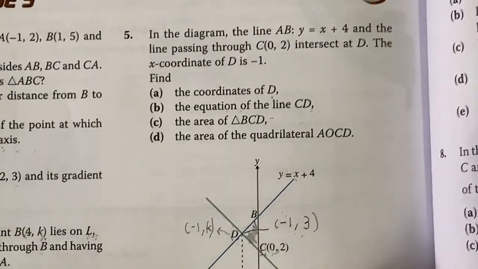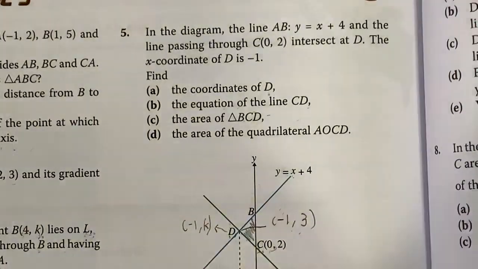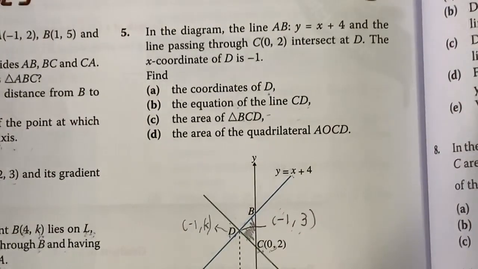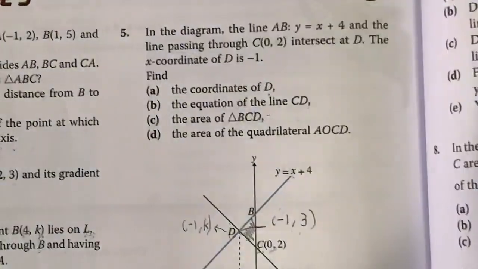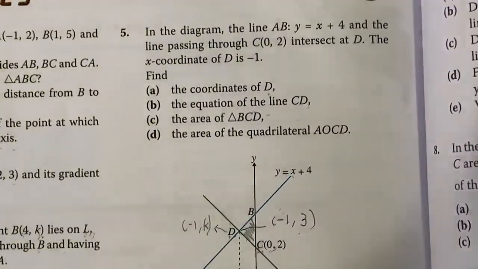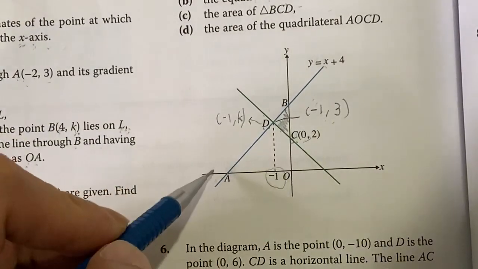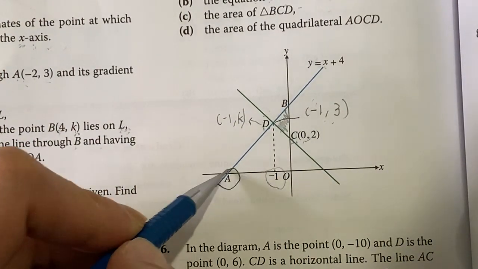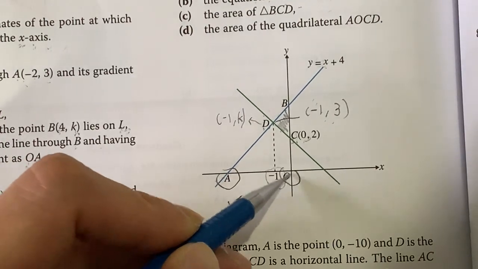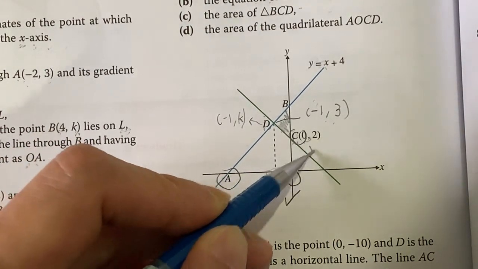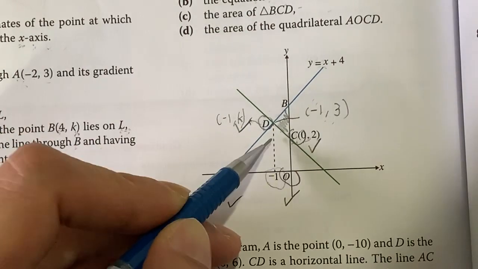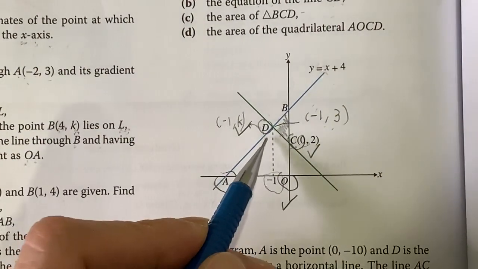Okay, next, last part of the question, find the area of the quadrilateral AOCD. So we look here, this is A, and then you have O here, we have C, and then we have D. So the quadrilateral will be here.